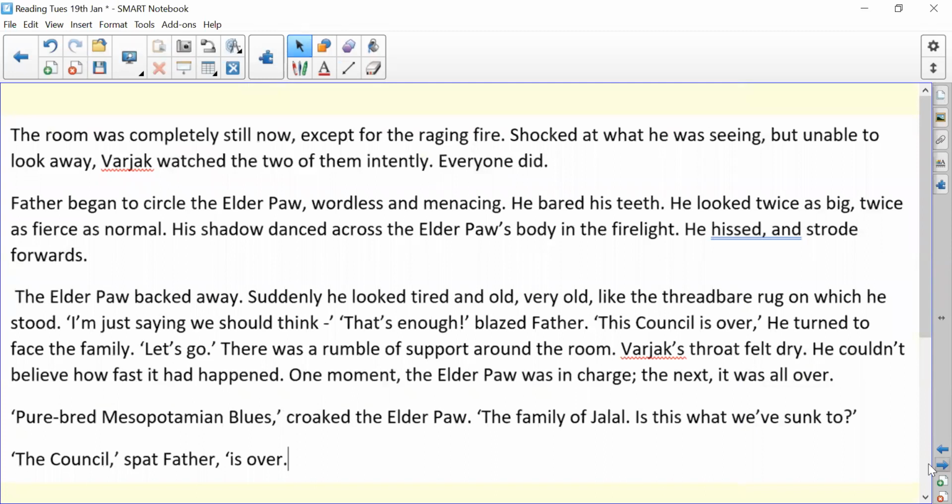So towards the end of the chapter, this is where Father is getting quite angry and he is caring more. He's not necessarily mentioning the Contessa, but he believes things need to be changed and the Elder doesn't know what he's talking about. "The council is over," he says.